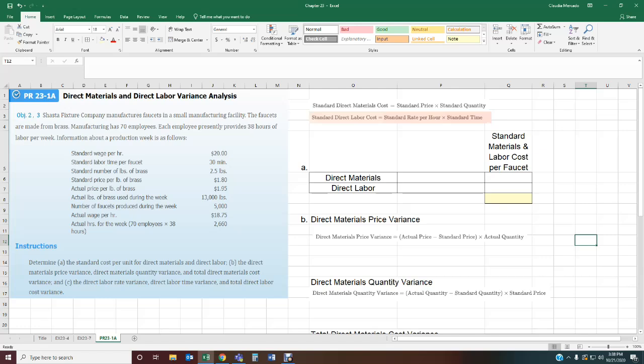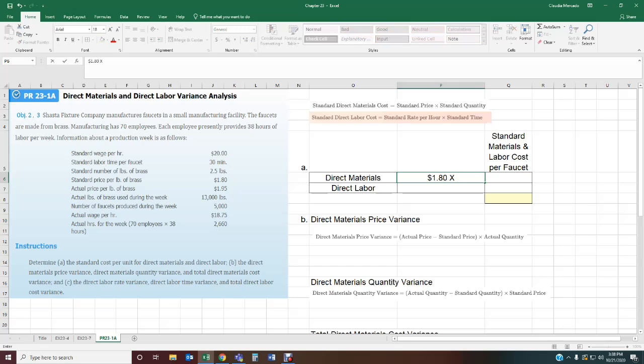So let's start with the first requirement: to determine the standard cost per unit for direct materials and direct labor. My standard direct material cost is basically your standard price times your standard quantity. What is my standard price? Your standard price per pound for the brass is $1.80. I'm going to multiply the standard price times the standard quantity.